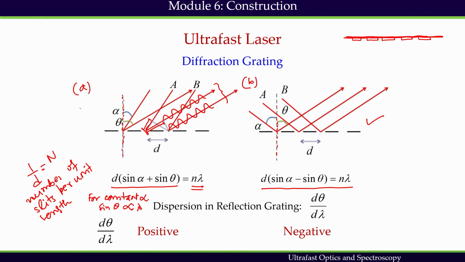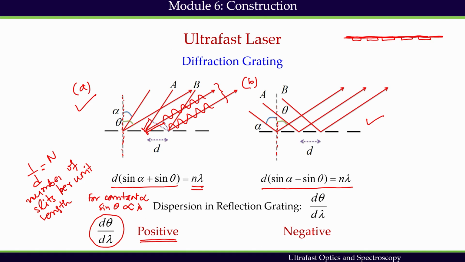In this configuration A, theta and alpha are on the same side of the grating normal, and in that case the derivative d theta d lambda is always positive.